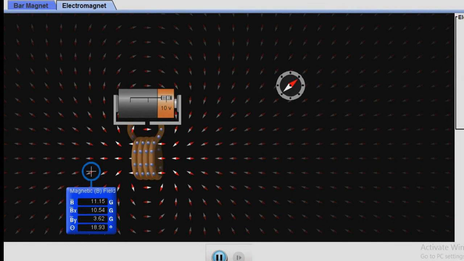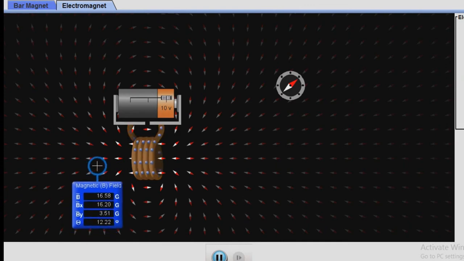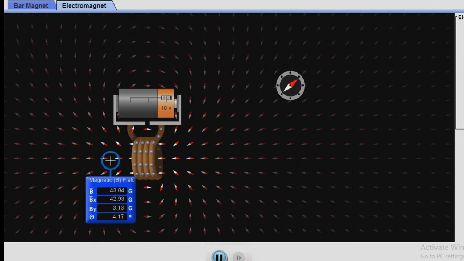Now let us decrease the number of turns. You can see as the number of turns decreases, the magnetic field strength also decreases proportionately at the same position. And this also changes with distance. Say at 1 centimeter its value is 43.04 Gauss.